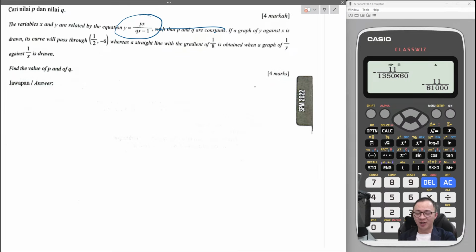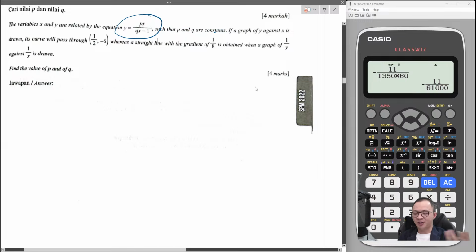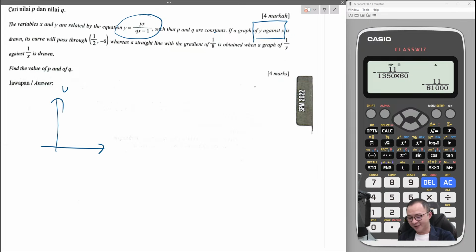This sentence you can ignore lah, because p and q are not variables. So it's y against x. So you can see y against x is drawn. The curve, I do not know what exactly the pattern of the curve is lah. I just simply draw one, okay? The curve passes through 1 over 2, negative 6. Yeah, because here they say so, isn't it?